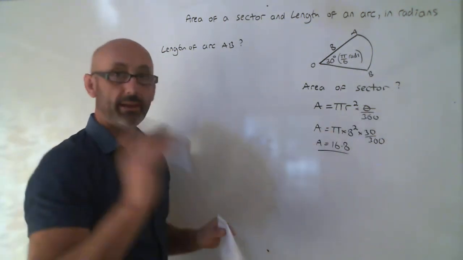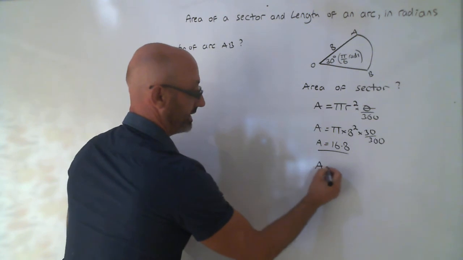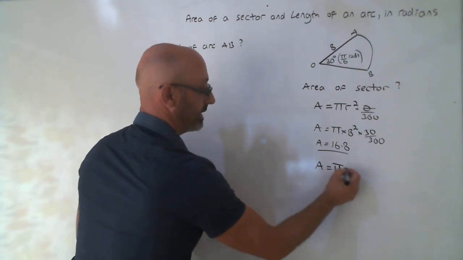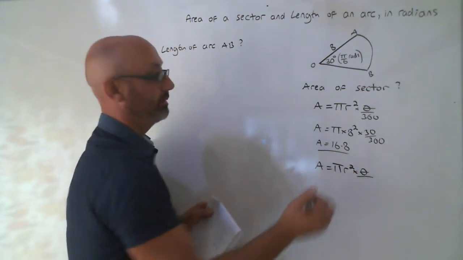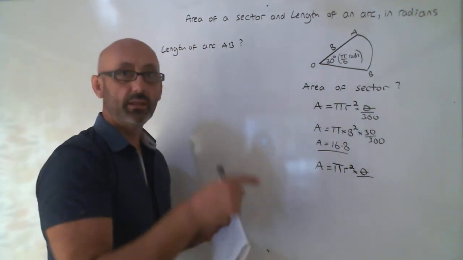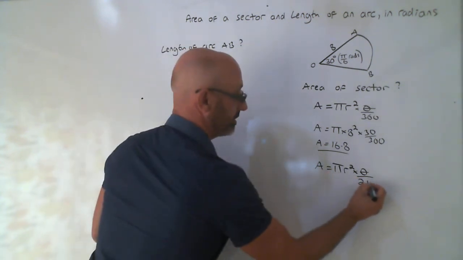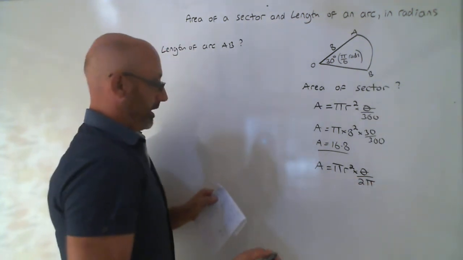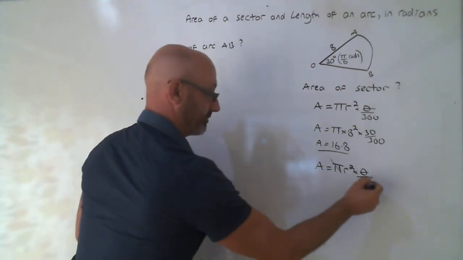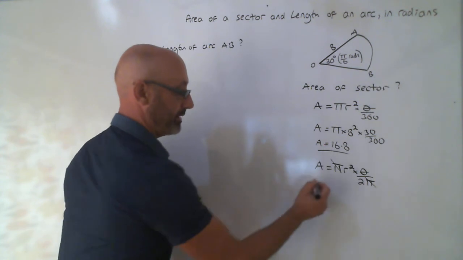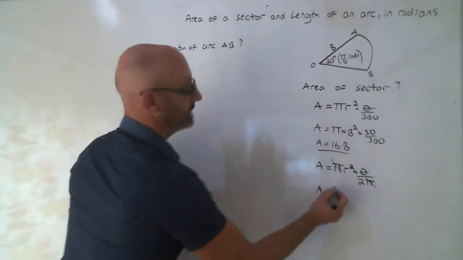So again, I would urge you to do exactly the same thing. I would always write down A equals pi r squared times theta over, well, it's not 360, it's 2 pi radians, so 2 pi. Then I'd probably cancel the pi's, and replace what we know from the question.